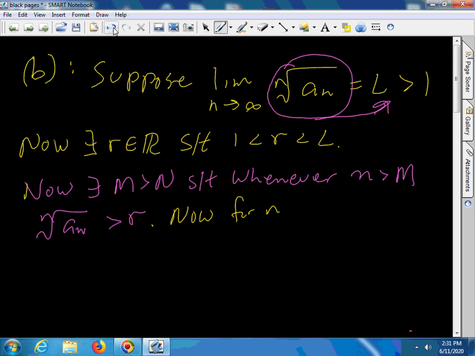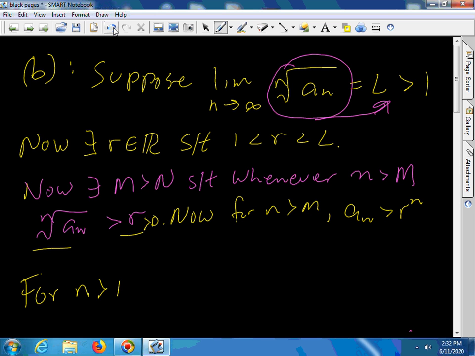Now for n bigger than m. So remember, r was bigger than 1, so it's bigger than 0. That is, both of these are positive. So I raise them both to the nth power. So the a sub n's are all bigger than r to the n. So the summation, let's write this first.